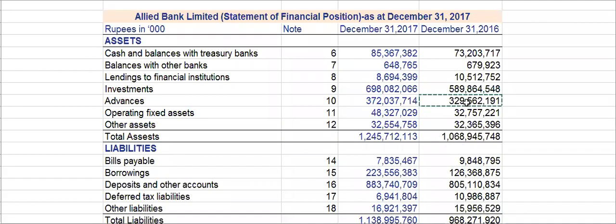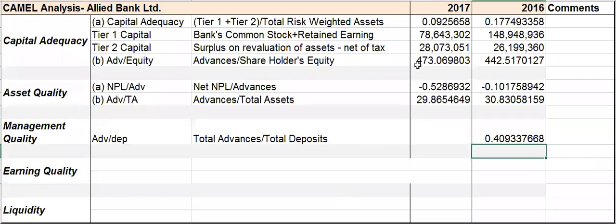Advances in 2016 divided by total deposits. These are the deposits. So this ratio is 40%.